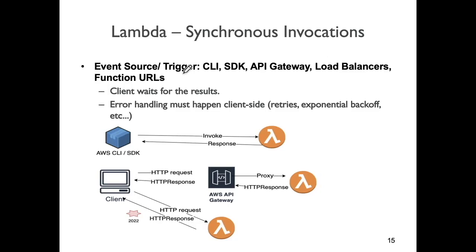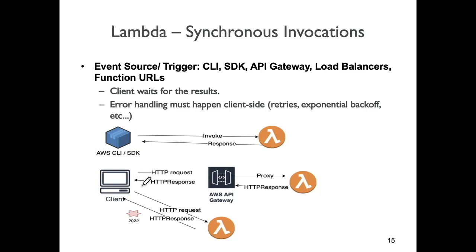And there's also something called function URLs, which I'll illustrate in a minute. You can get the Lambda service to generate a URL for your Lambda function, and then you can invoke it from a browser or some other type of web client. But the communication is synchronous as well.